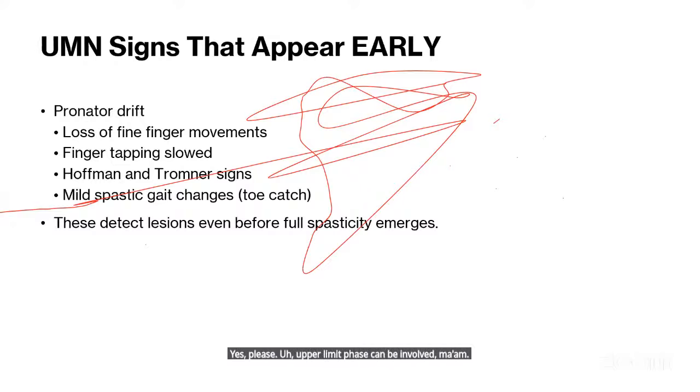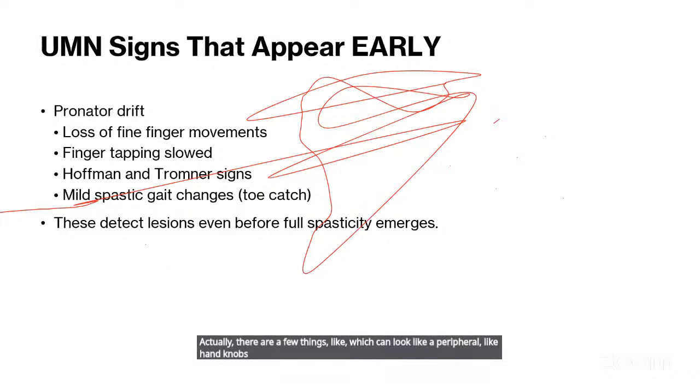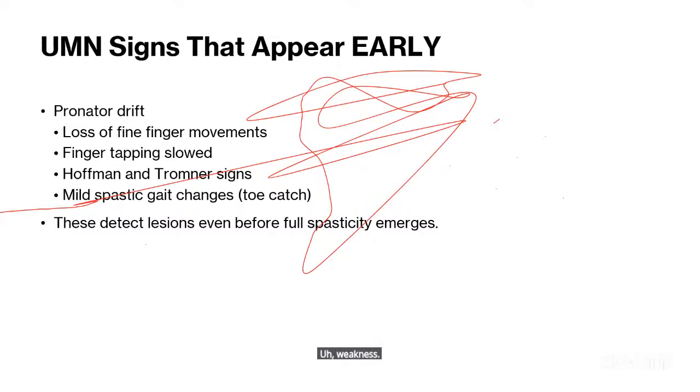So that is the facial pattern. Okay, and what else? Actually, there are a few things which can look like a peripheral lesion, like the hand knob sign. In the hand knob region, if they have a lesion, we can just have wrist weakness. Okay, what else?